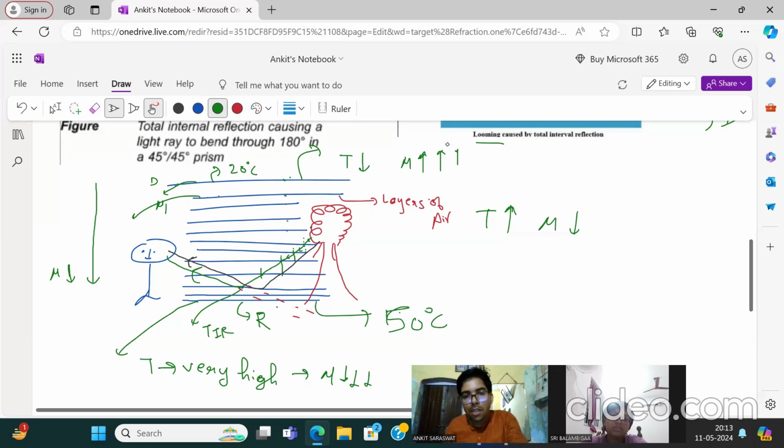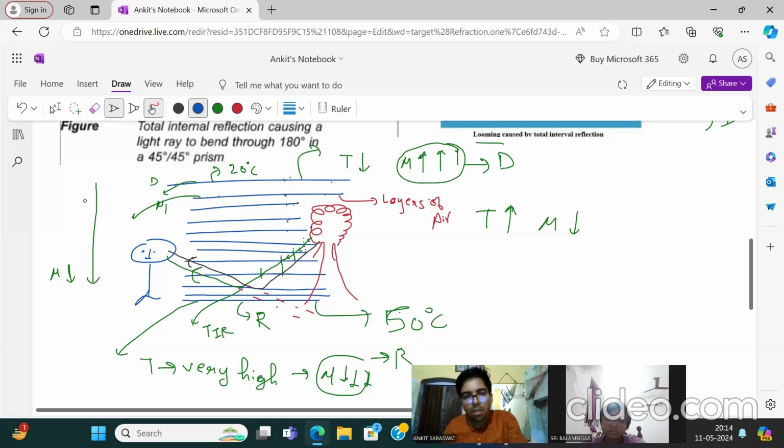Now in the topmost layer mu is very high, which means this is the denser medium. Here mu is very less, so this is the rarest. In between, the temperature is different, so mu is different: more dense, less dense, very less dense.